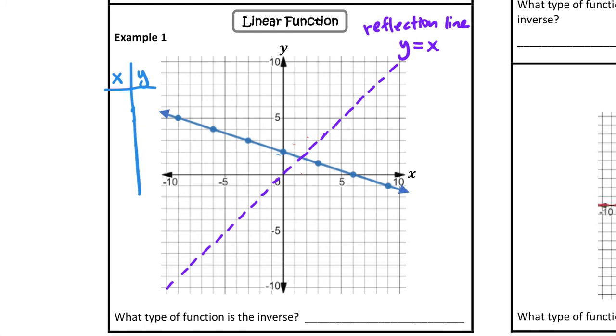What's the coordinate of this point here? -9, 5. Then what's the coordinate of this point? -6, 4. Then this point? -3, 3.